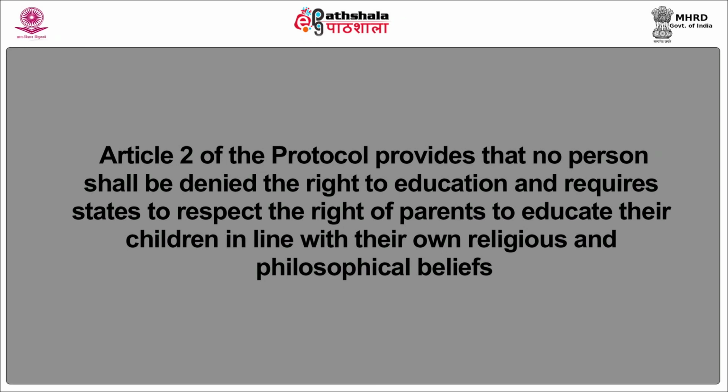Article 2 of the protocol provides that no person shall be denied the right to education and requires states to respect the right of parents to educate their children in line with their own religious and philosophical beliefs. All Council of Europe members, except Monaco and Switzerland, have ratified the protocol.